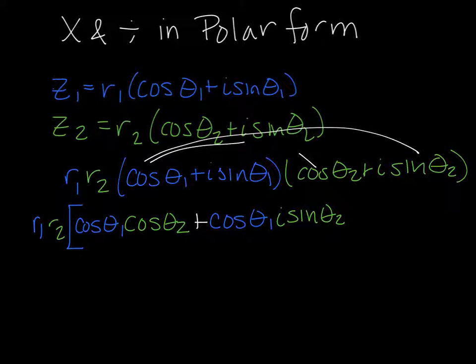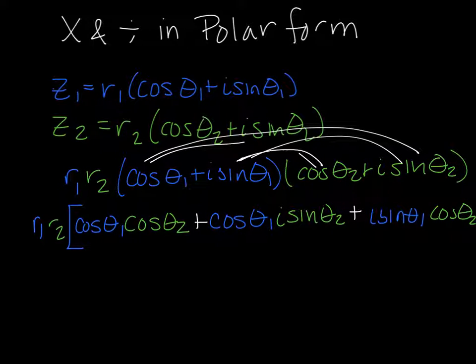Then plus, take everything here and multiply it times both of those: I sine theta 1 times cosine theta 2, plus I sine theta 1 times I sine theta 2. Okay?